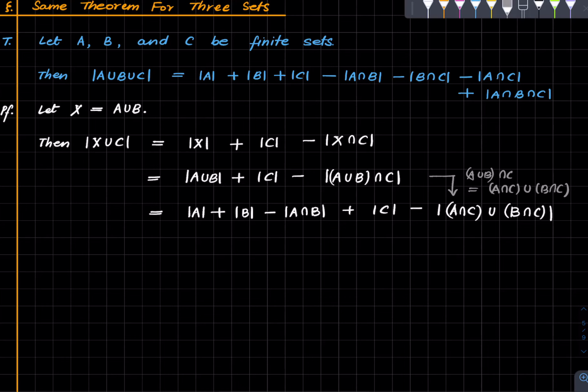Again, you can prove it formally, but draw a diagram and you'll be convinced. So we have this much. And now let us just rearrange these terms to club them together.